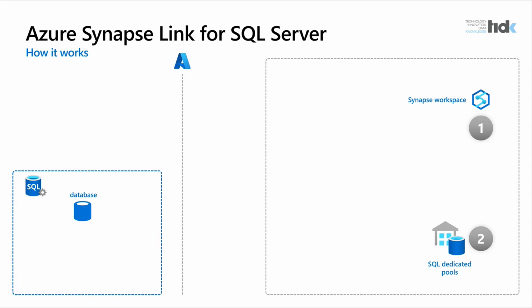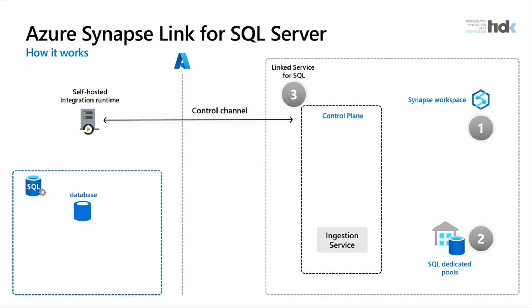There are some things you should be aware of when creating dedicated SQL pools. I believe some of them will be pointed out during another session, because I saw in the agenda that there is a session on the differences between serverless and dedicated SQL pool. So I will not go into the details, but there are a few things you should be aware of, like the distribution and the number of nodes and so on.